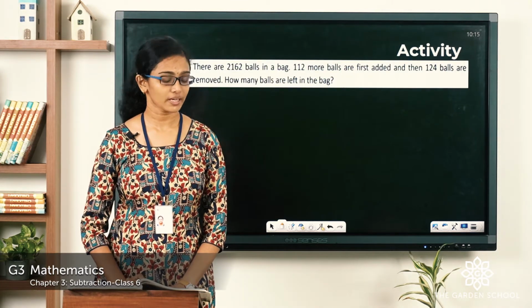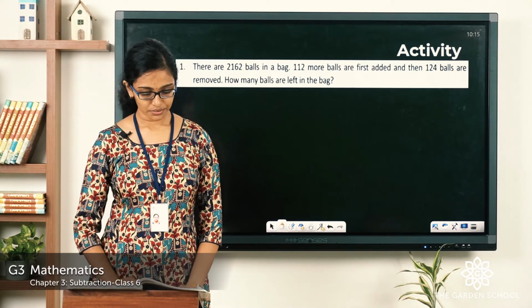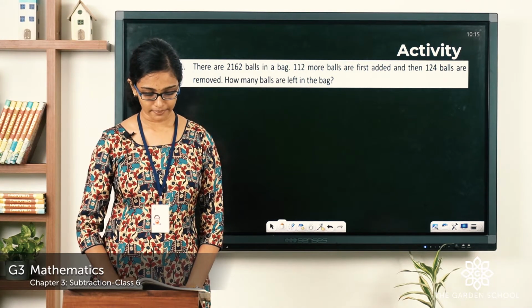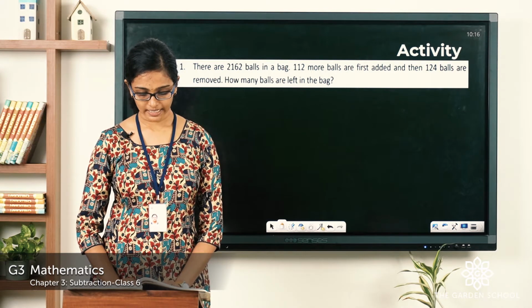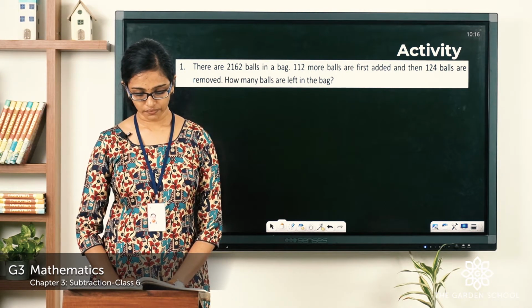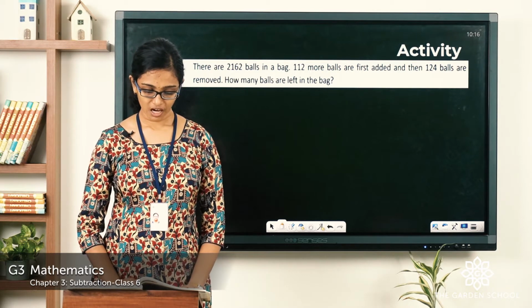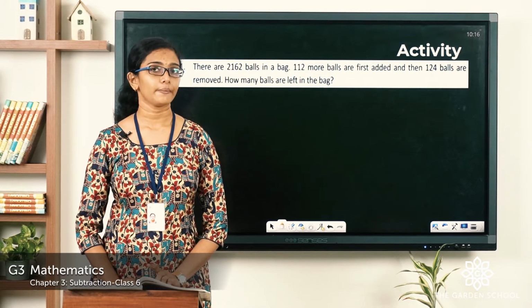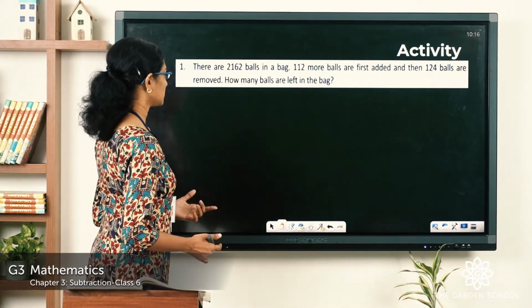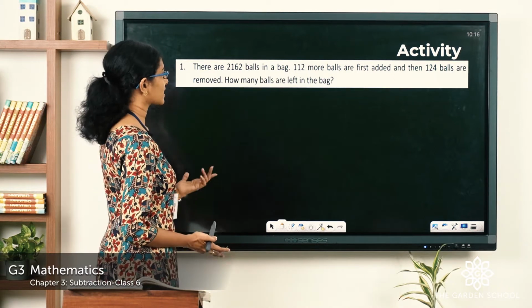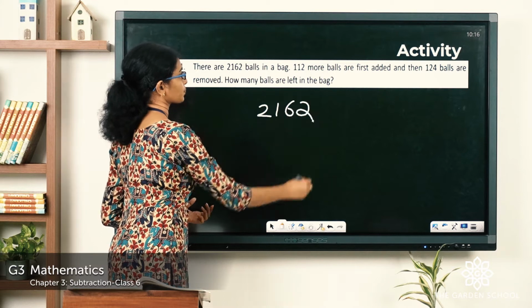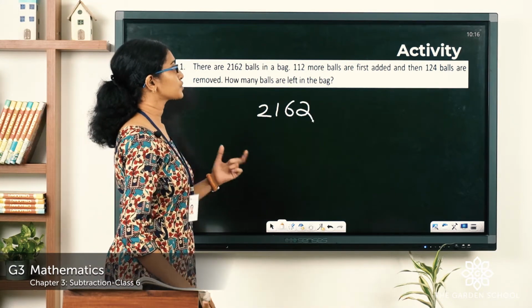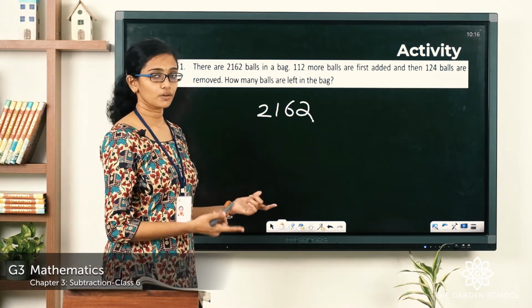Now let's see the first question. There are 2162 balls in a bag. 112 more balls are first added and then 124 balls are removed. How many balls are left in the bag? So what is given in the question? There is a bag and how many balls are there in the bag? 2162. Now 112 more balls are first added.